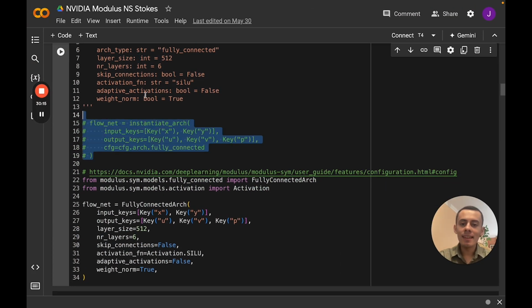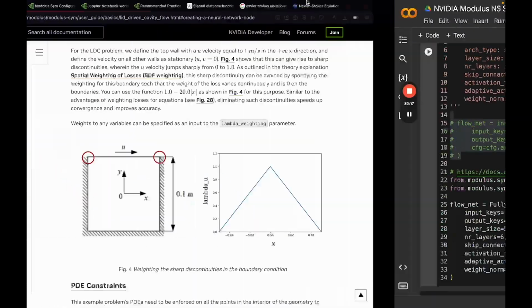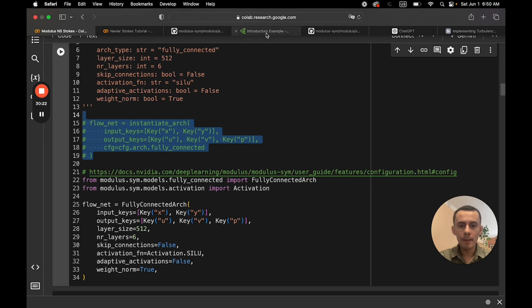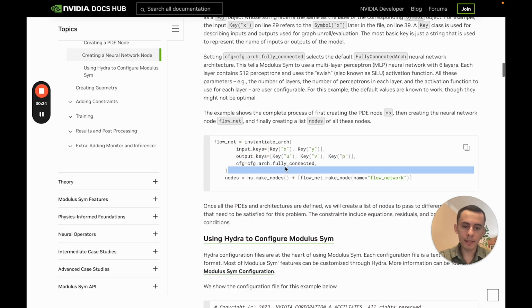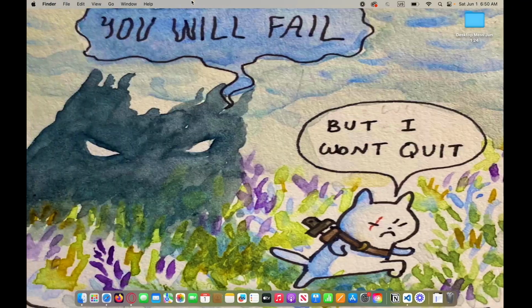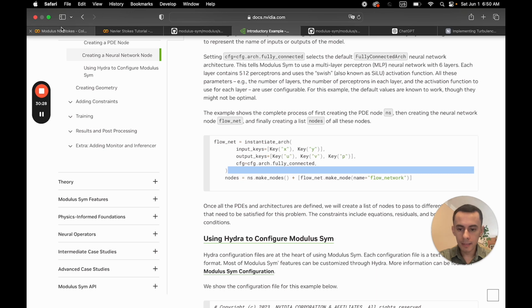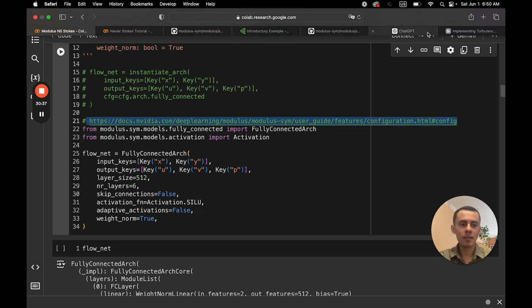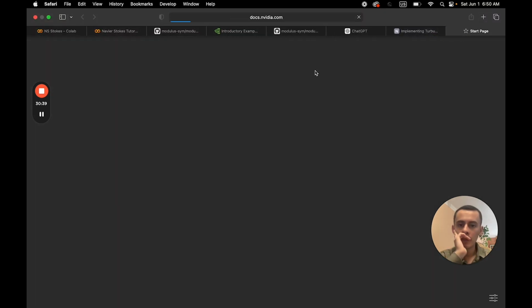The way they do it in the introductory example is with this, right? But we're skipping this, but you can see it here. We care about this way of doing it, okay? And there's another link here where they actually teach you how to do it this way.